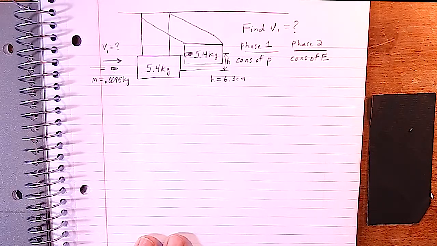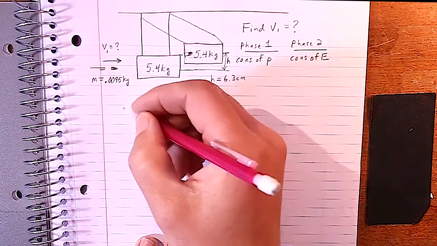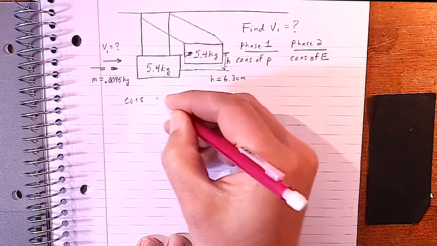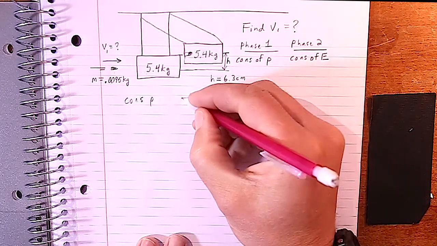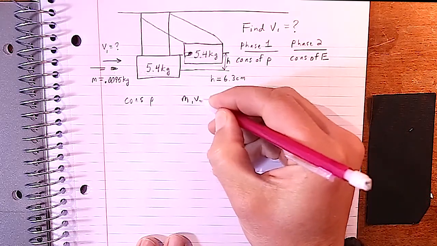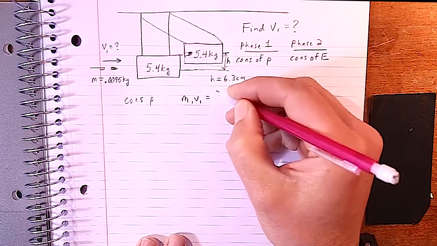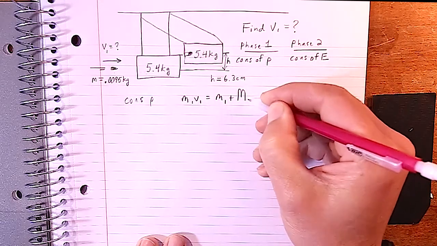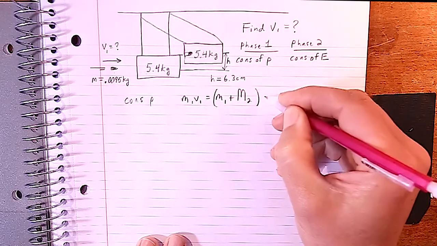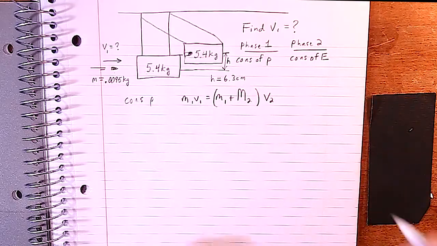So to be able to do that, we are going to start out with a conservation of momentum equation. So that's going to be, we can think of it as m1v1 equals m1 plus the larger m2, that would be the block, times the new velocity v2.